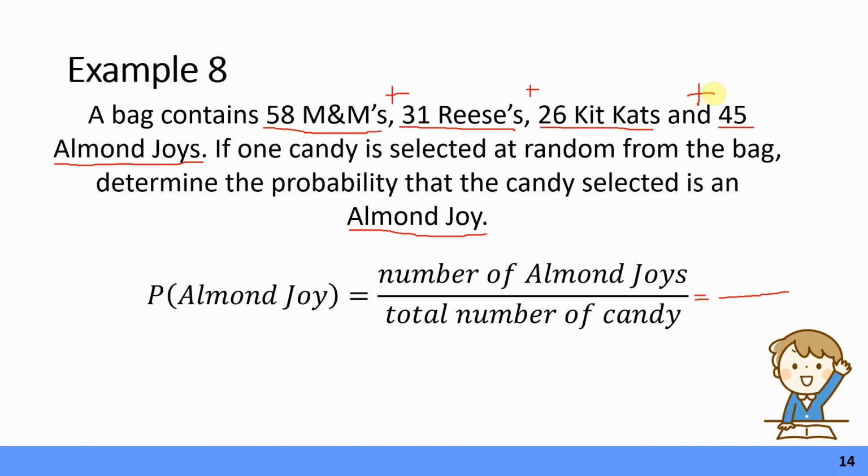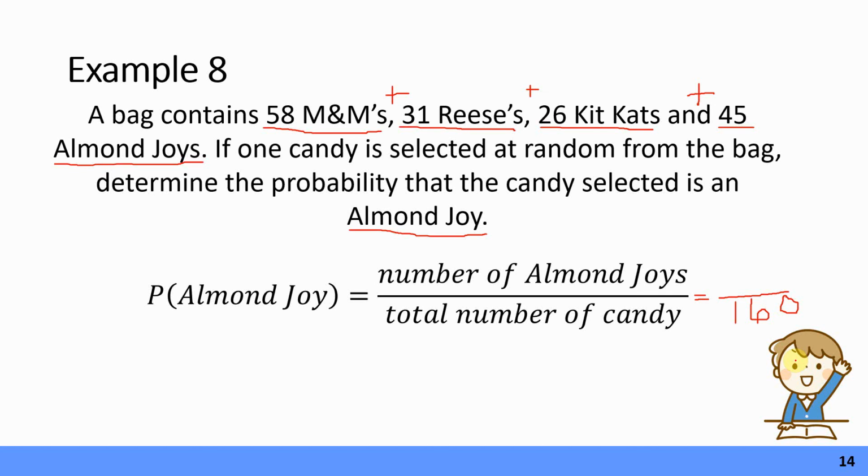That's going to give you your total, which is going to be my denominator. So if you add up all of those numbers, you should get a total of 160. So look at that. The problem doesn't give you the total, but you should be able to figure it out. So add them all up together. That's the total. So I have a total of 160 candies.